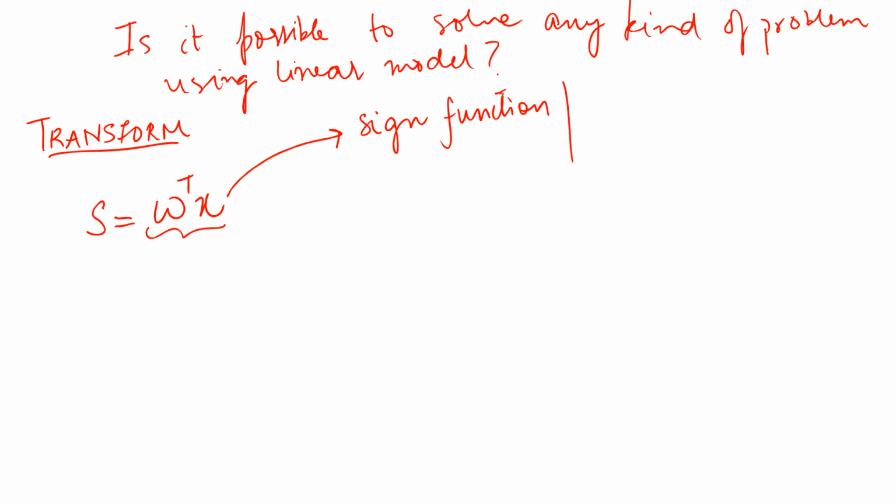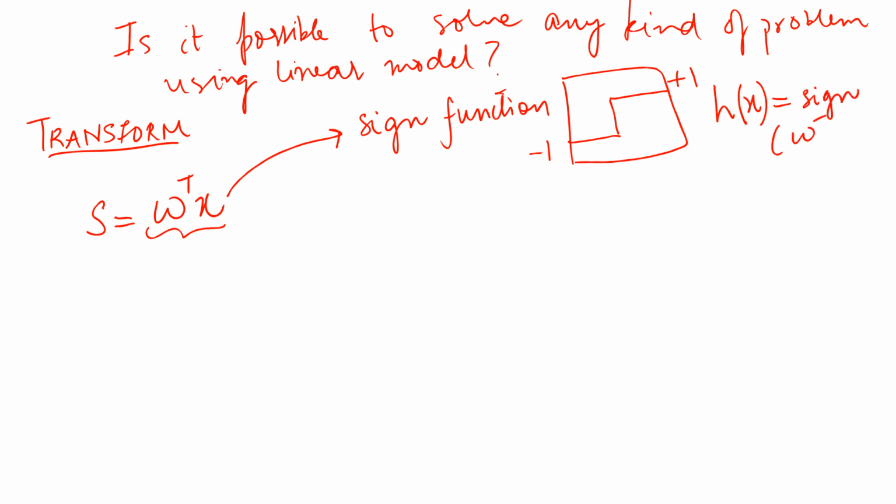And how does it look? If we just draw it simply, this is -1 and plus 1. So we can make this linear signal pass through that sign function such that my final hypothesis set is going to be denoted by sign of this linear signal, which is W transpose X. So this is the sign function for classification.